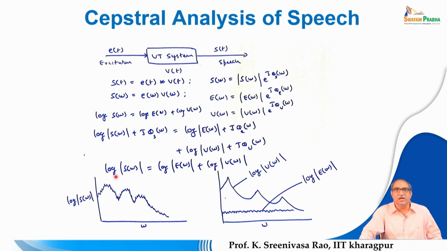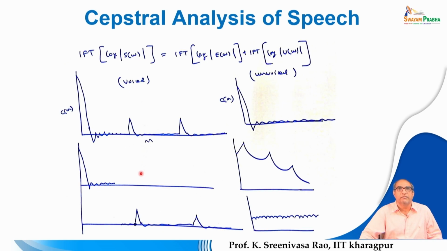You cannot see this in the spectral domain. So what you can do is separate these two by taking the inverse Fourier transform of the log magnitude spectrum. If you apply the inverse Fourier transform, you get a signal something like this.